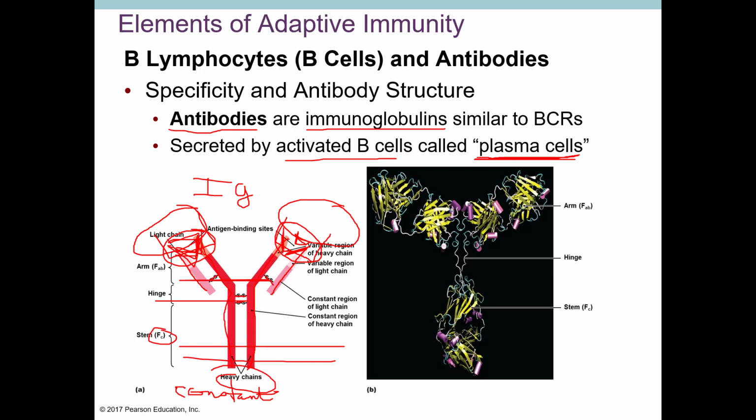So the protein would be different for the antibody that attaches to the triangle epitope compared to the antibody that attaches to the square epitope, if you know what I mean. But the rest of this would be consistent no matter what antibody it was or what antigen it reacted to.